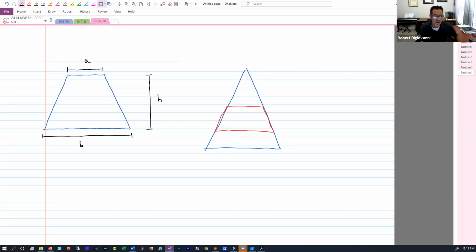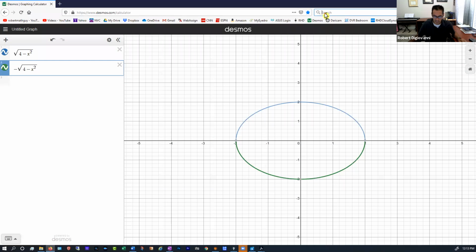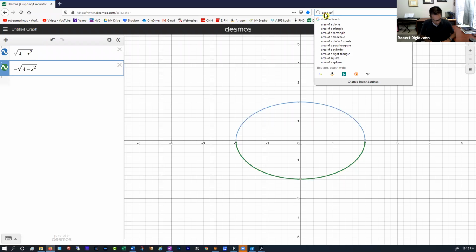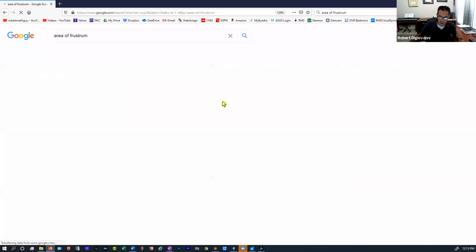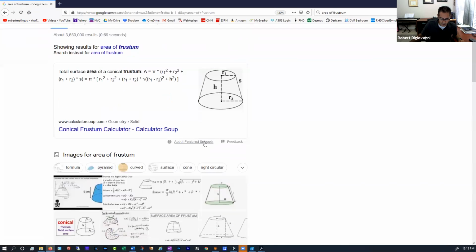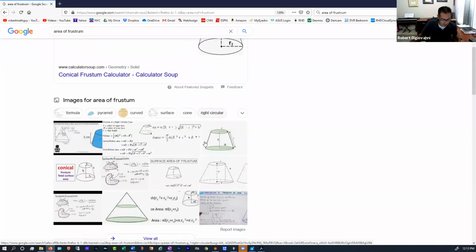Does that make sense? We could look up the area formula for a frustrum. Area of frustrum. We'll do 2D, we don't want three-dimensional.